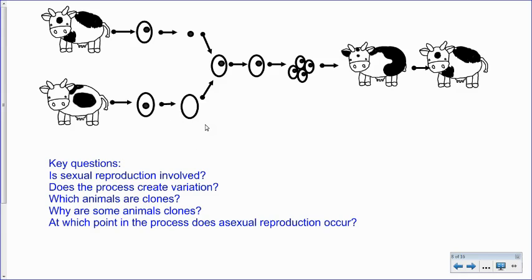You've got a clone. You've got the nucleus coming from one parent. Of course, the nucleus contains all the genes and the DNA, the chromosomes from one parent, and they only come from one parent, and they end up in this new organism here, the next generation. This is a clone of that.